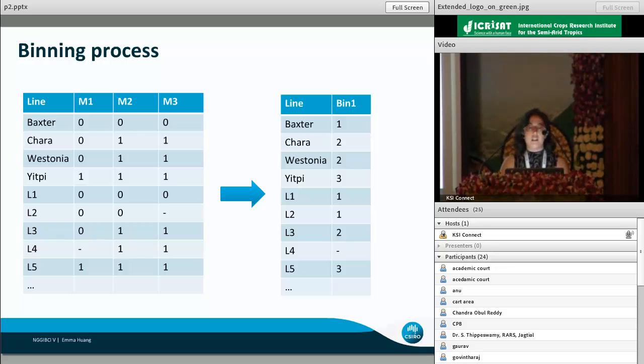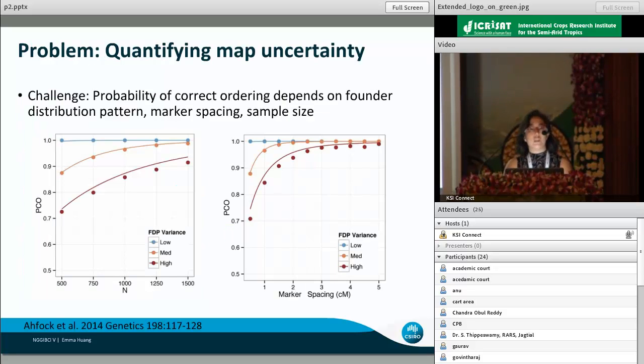By converting these to a bin and using these multi-allelic haplotypes, we actually are getting more information from our data, and that not only helps with the genetic map construction, but also will help in QTL mapping to give us more power. Another question that we've addressed is the issue of quantifying map uncertainty. Even if you produce a map, you have no idea how good it is.